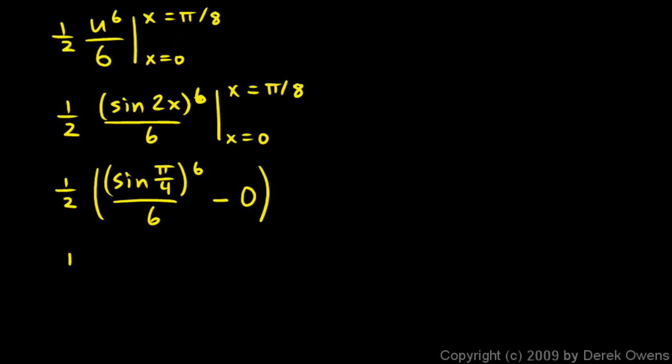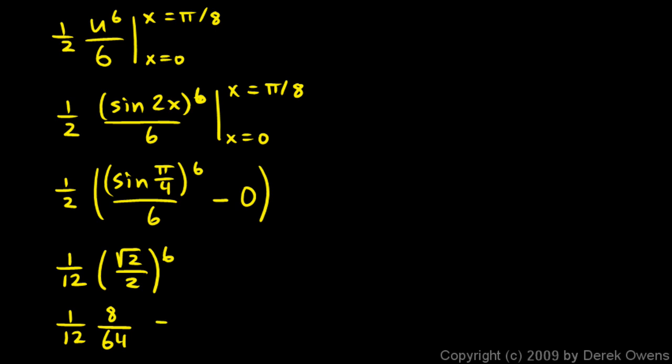And this equals 1/12, I'm just combining the denominators there, times the sine of pi over 4 to the sixth. And the sine of pi over 4 is the square root of 2 over 2. That's to the power of 6. So this ends up equaling 1/12 times the square root of 2 to the sixth, which is the same as 2 cubed, which is 8, over 2 to the sixth, which is 64.